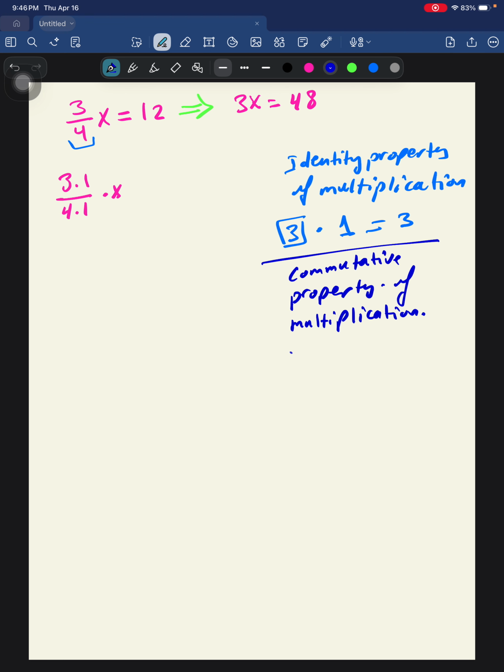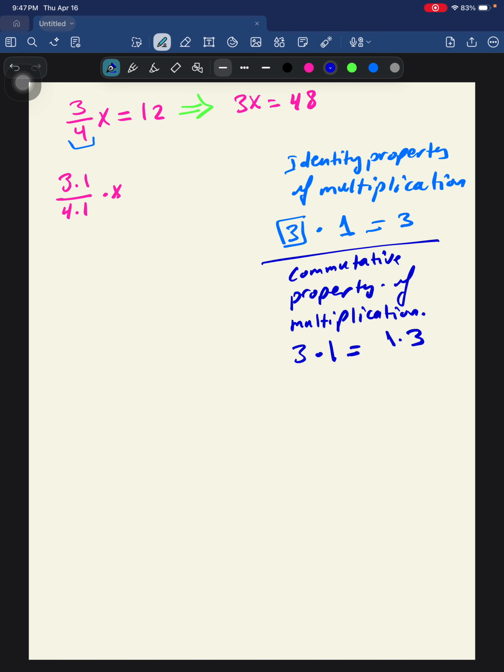For example, if you have a number 3 and you multiply it by 1, so 3 multiplied by 1, we can rearrange it, making the 1 at the beginning and the 3 after it, so we can write it as 1 multiplied by 3.